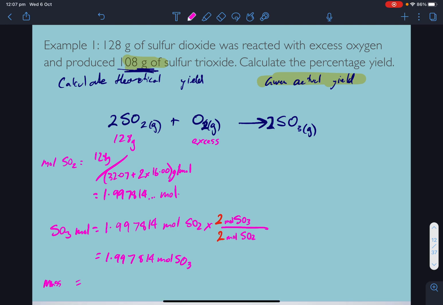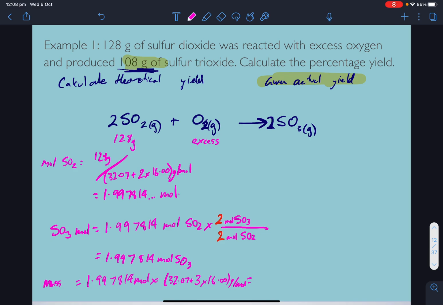Okay, 1.997814 moles, times it by the molar mass, 32.07 plus 3 times 16 grams per mole. And then it's going to give us our theoretical mass, or our theoretical yield.